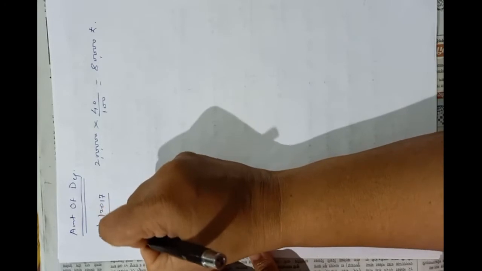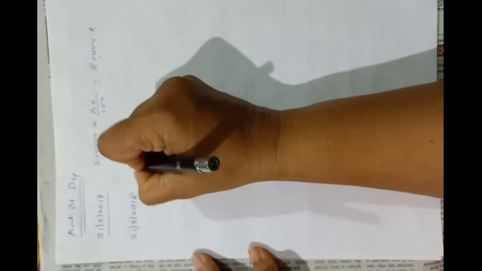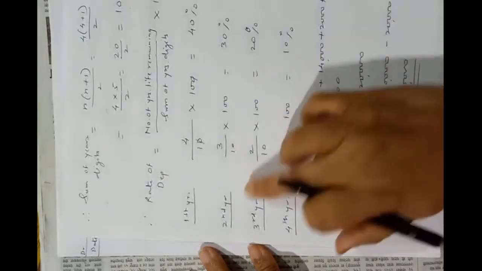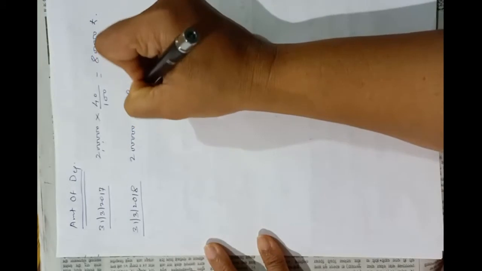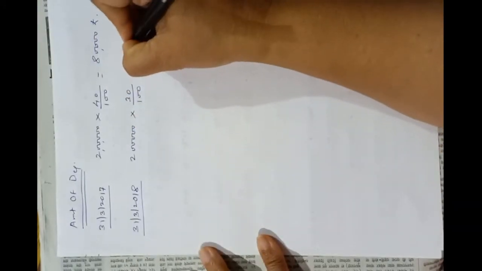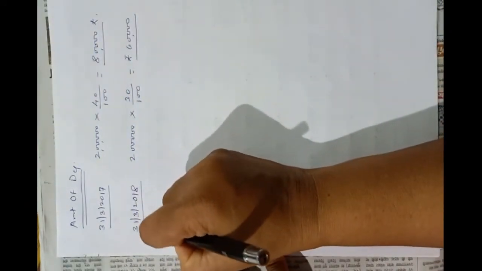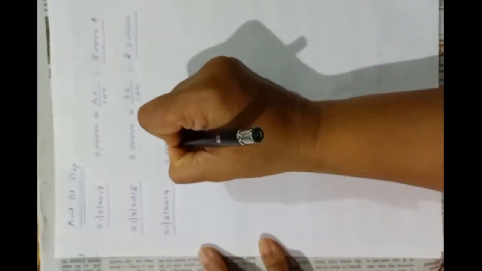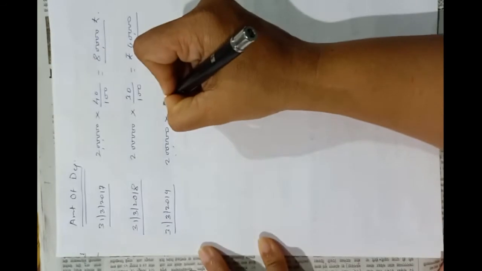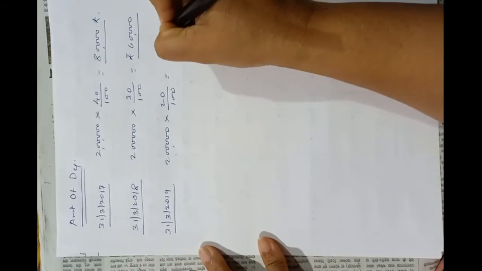Second year's depreciation will be deducted on 31st March 2018, and depreciation will be 2 lakhs into, as per our rate, second year it is 30%, so into 30% is equal to rupees 60,000. Third year's depreciation will be deducted on 31st March 2019, 2 lakhs into 20%, so it is 40,000 rupees.